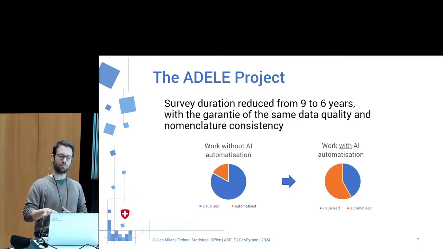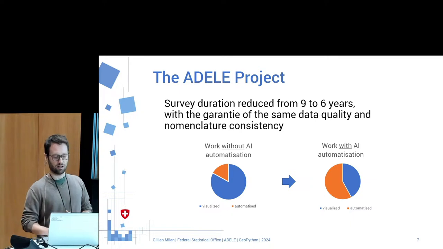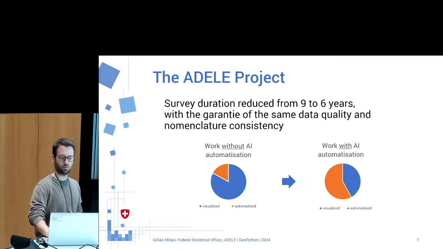Okay, the automatization project is about accelerating the survey period. Before, the survey period was around 9 years, and we try to decrease the time to 6 years so we can get more frequent statistics. Before the current project, there was already a part that was automatized or filtered out, and with automatization we want to automatize more or less 2/3 of the whole work that is done by the interpreters.